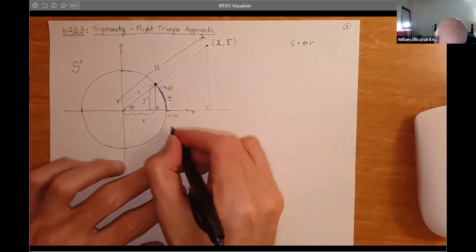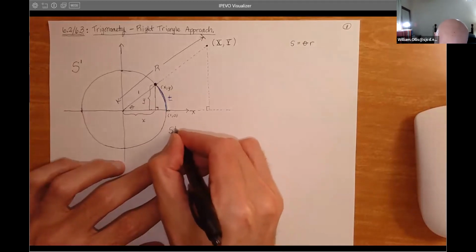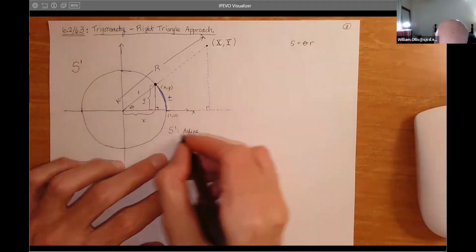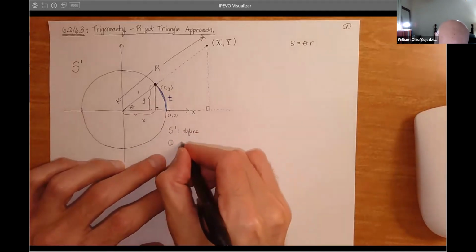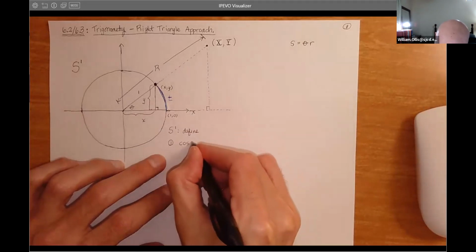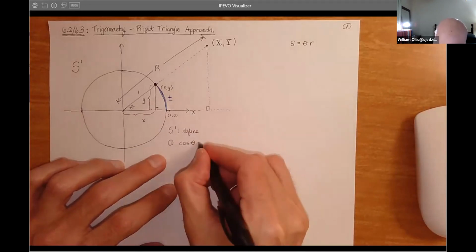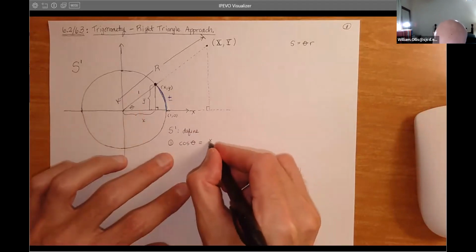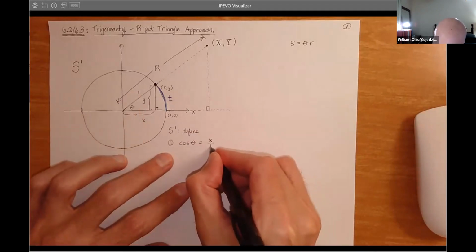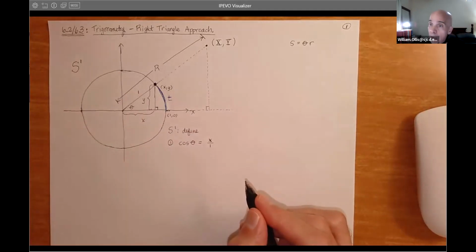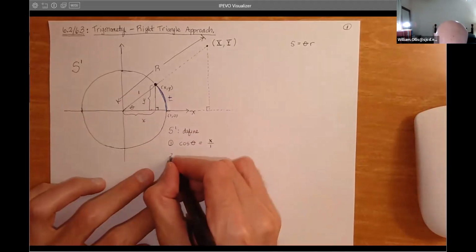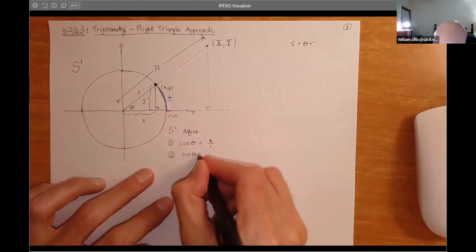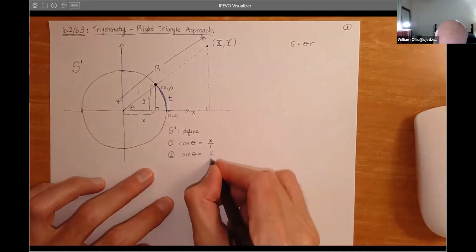That is, for instance, we can define the following. Number one, cosine of theta, now we're going to focus on theta instead of t, can just be x divided by 1, looking at the ratios of sides of the right triangle. And then, of course, number two, sine of theta can just be y over 1.